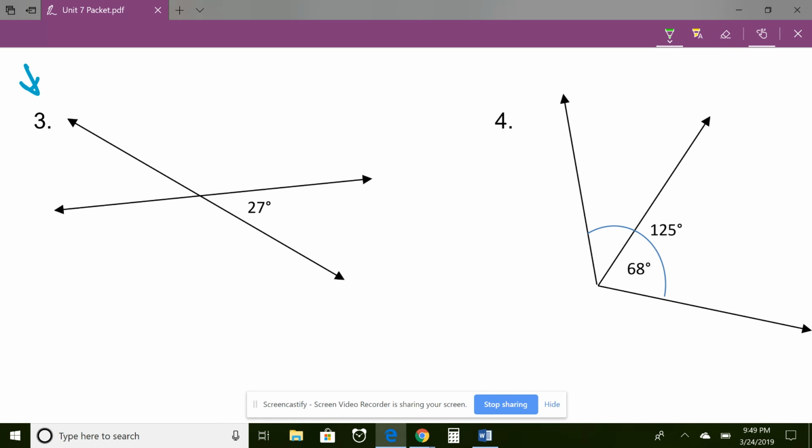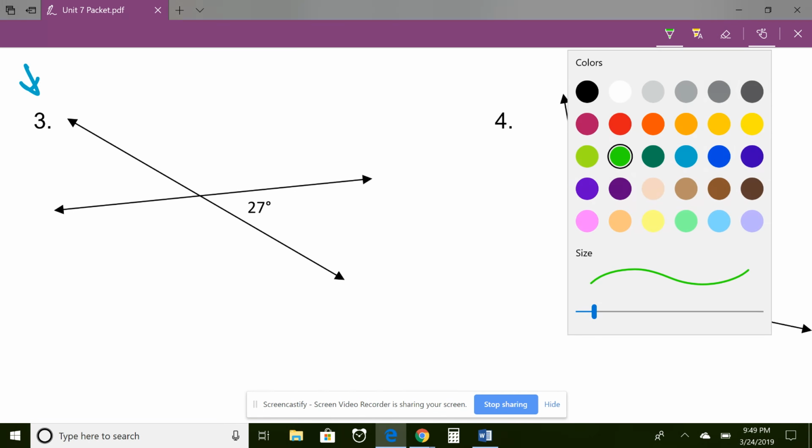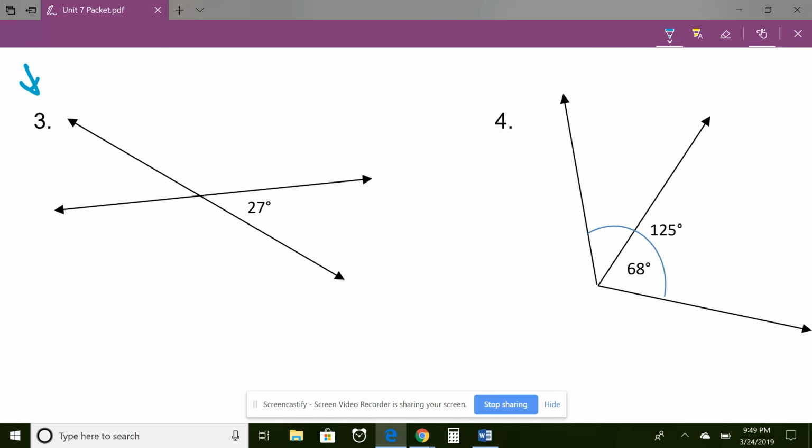Another term we're going to use in this section is adjacent angles. Adjacent angles are angles that share a common side. I could have used the supplementary angles we talked about before, but I'll use these other supplementary angles. We have this angle right here, and this angle right here.